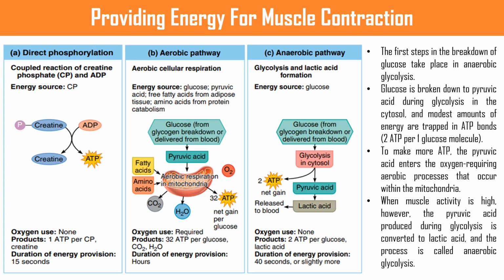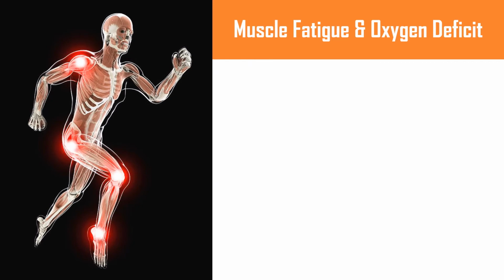When muscle activity is high, however, the pyruvic acid produced during glycolysis is converted to lactic acid and the process is called anaerobic glycolysis. So the pathways to provide energy for muscle contraction are direct phosphorylation, aerobic pathway and anaerobic pathway.